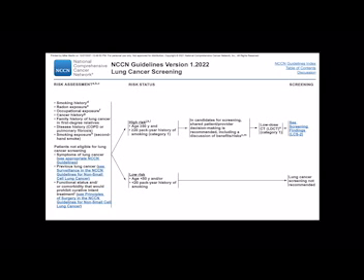This is the current NCCN guidelines. This is what we use for screening in the United States. The NCCN is the National Comprehensive Cancer Network, which I'm sure you're all familiar with, the large organization in the United States that sets essentially the rules or the very strong guidelines for how we manage cancer, screen for cancer, et cetera.